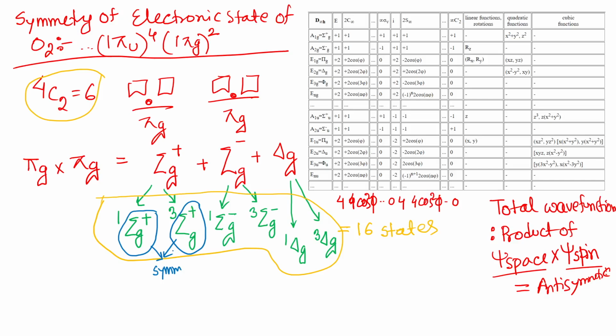Can you tell me if sigma g minus is symmetric or antisymmetric? G is for inversion, but for symmetry you have to look at those symmetry operations where atoms are going to change their position, or the basis set is going to change their position, like C2 dash or sigma v dash.